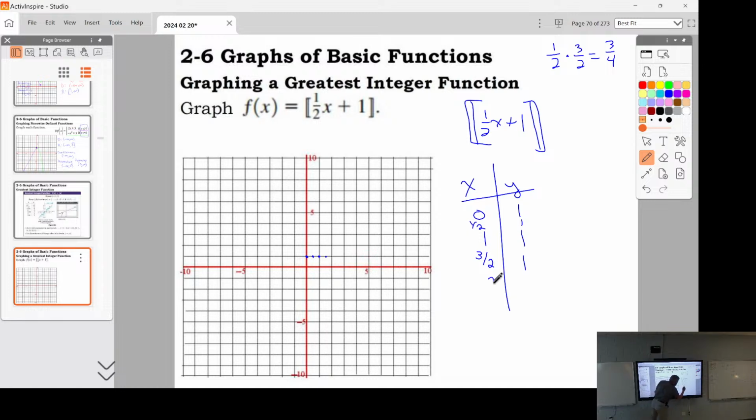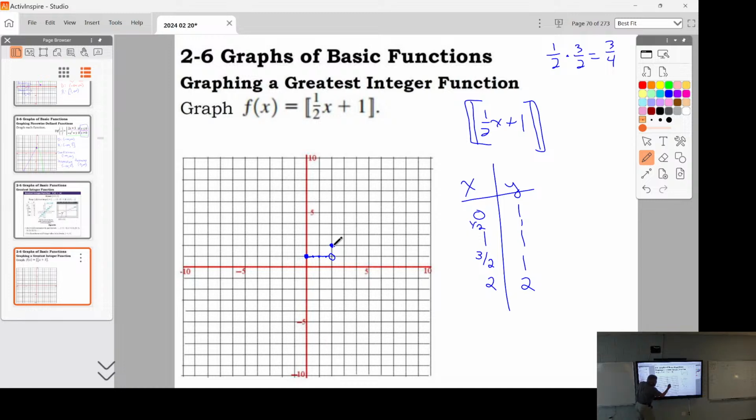Plug in a 2. 1/2 of 2 is 1 plus 1 is 2. And the greatest integer of 2 is 2. So magic happened. As soon as I got to 2, magic happened. I jumped up here. Okay, I see what's happening here. So it stayed until I got to that point, and then it jumped up.